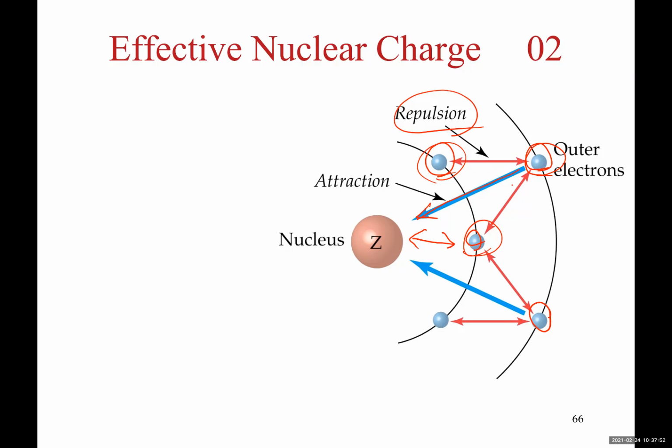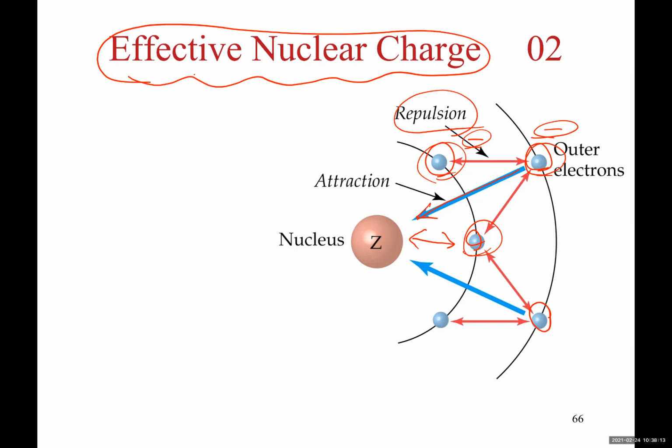Negative and negative repel each other. So this repulsive effect of inner shell electrons results in less attraction by the nucleus. So we say effective nuclear charge is less for outer shell electrons than inner shell electrons, because outer shell electrons are shielded by inner shell electrons.